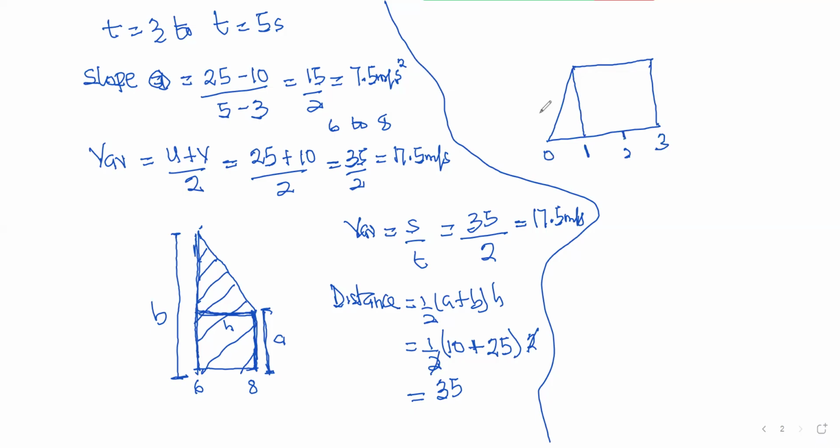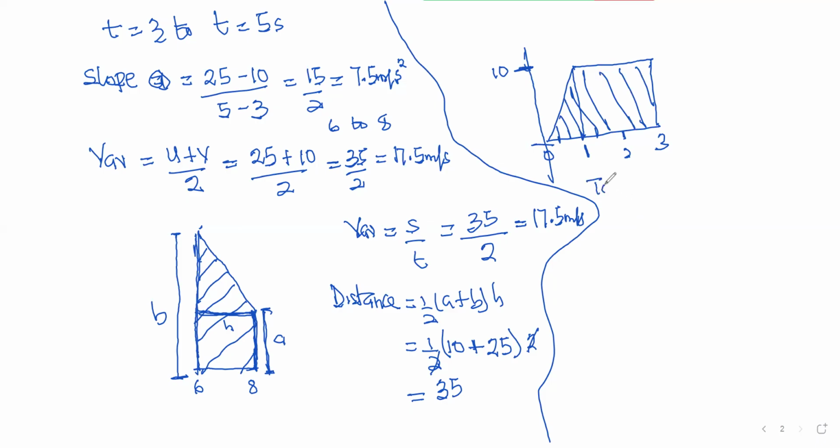From the graph, this part links to a velocity of 10. So if you find the area under the velocity or speed time graph, it is equal to the total distance. And I was surprised to see a lot of you getting this part wrong.